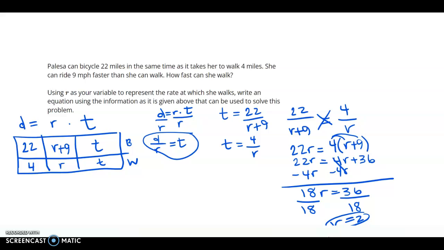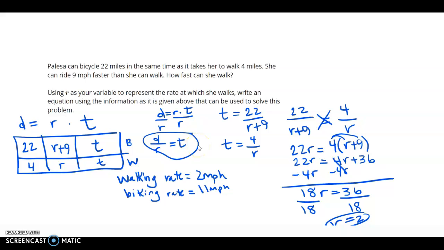Well, 2 is going to be my rate of walking. So I can write that walking rate would be 2 miles per hour. Then what would my biking rate be? Well, it would be 9 more, so 2 plus 9 would be 11 miles per hour. So that's my biking rate.